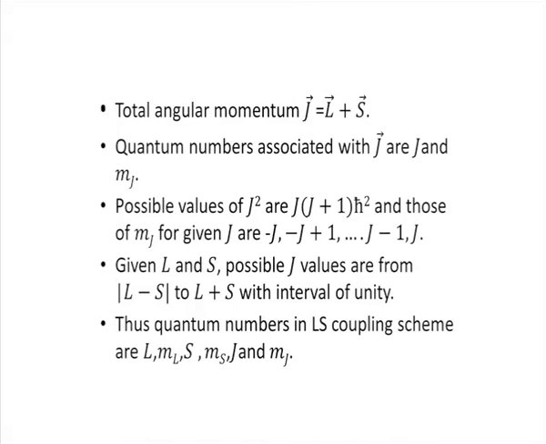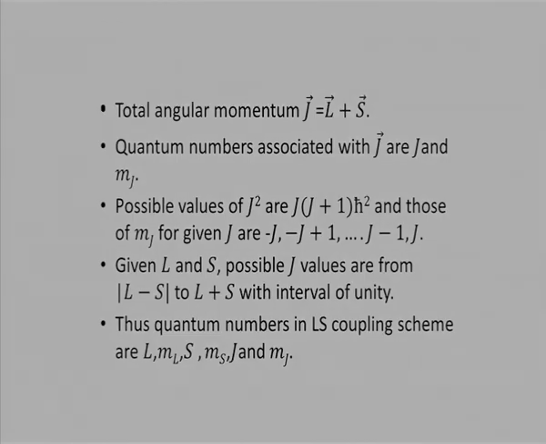Thus, quantum numbers in LS coupling scheme are capital L, ML, S, MS, J and Mj. For a single electron system, we were using small letters, and for a system of 2 electrons, we are using capital letters. This is the difference we are using.